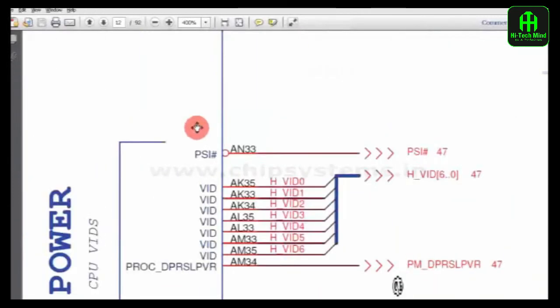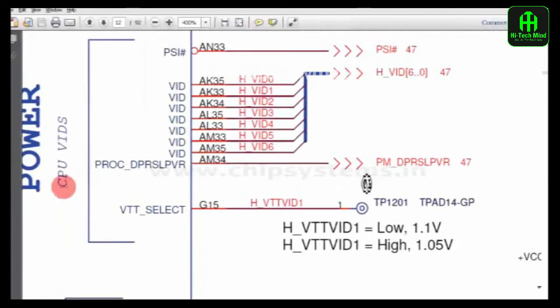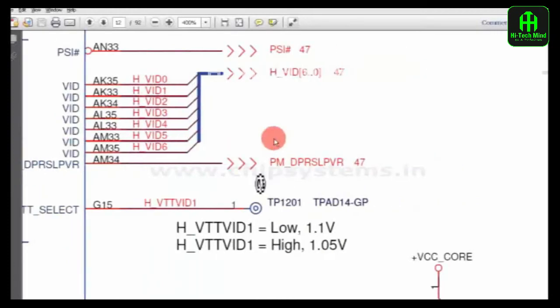See here, this is the CPU VID signal output, a 7-bit programmable output. This signal goes to the CPU core power supply IC at page number 47. These are the 7-bit programmable VID codes. The VID codes may change from processor to processor. That means the processor clock speed may increase or decrease.